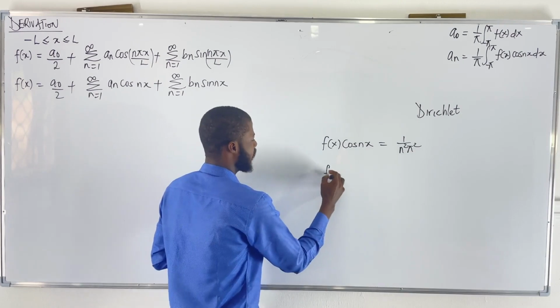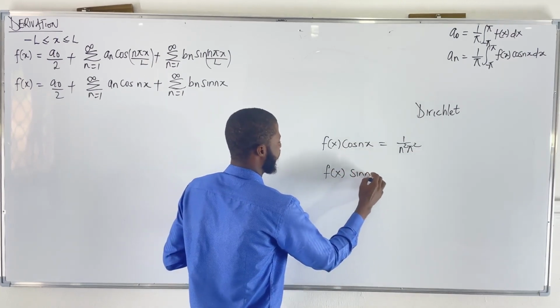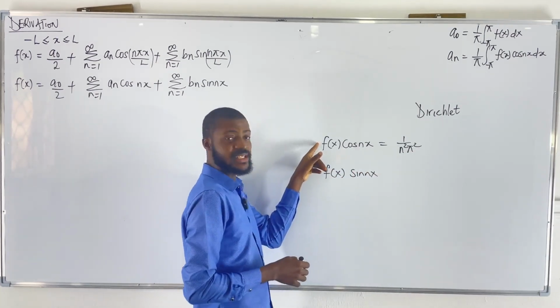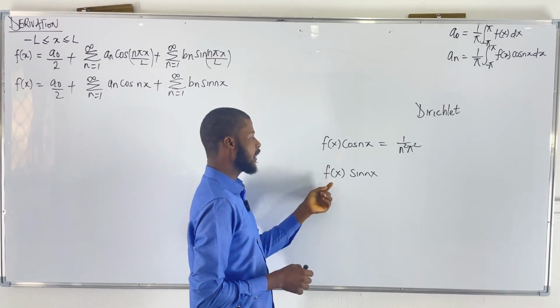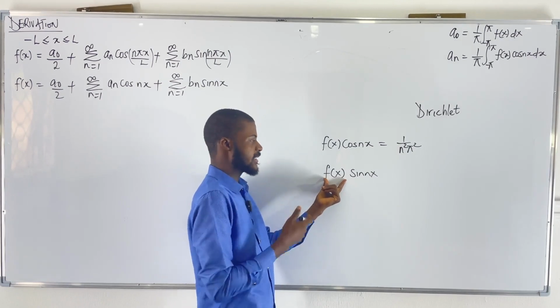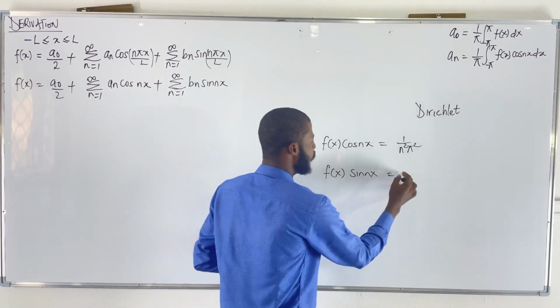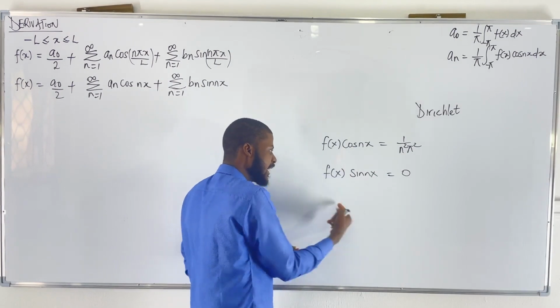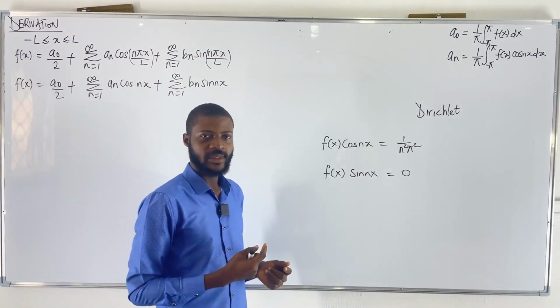But what if I have f of x sine nx? Now, remember that I said cosine was present in the function. But right now, if I multiply a function that has only cosine embedded in it with sine, my answer will be 0 because there is no sine in f of x. I hope you're getting it.